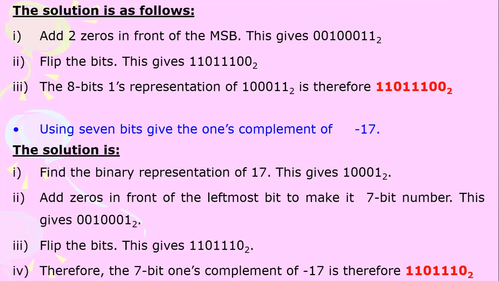Therefore, the 7-bit ones complement of negative 17 will be 1, 1, 0, 1, 1, 1, 0 binary.